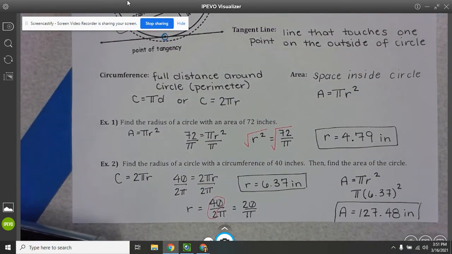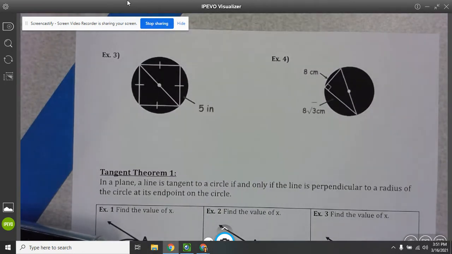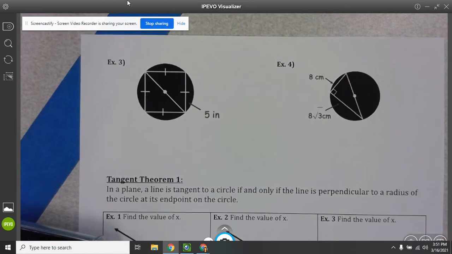All right. Now comes the fun part. All right. So in 3 and 4, I want to find area and circumference again.